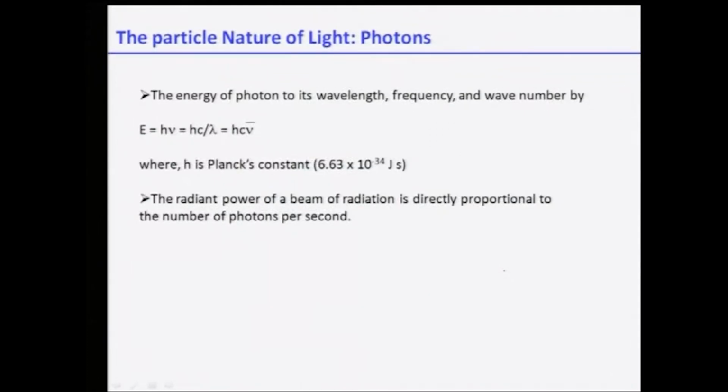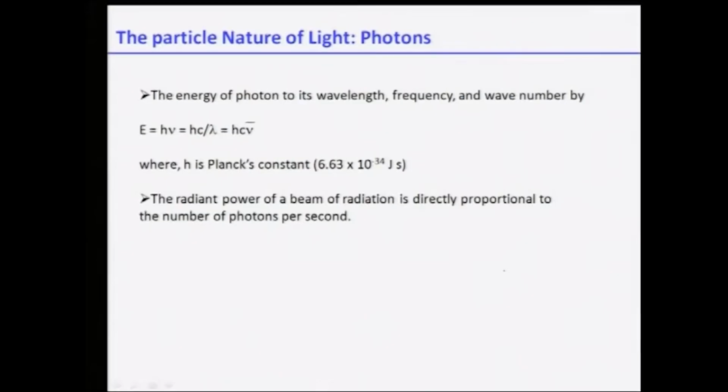And if we want to talk about the particle nature, as I discussed, they are photons, so the energy of any kind of radiation can be represented by Planck's law, that is E equal to h nu, which is nothing but hc by lambda, where c is the velocity of light or radiation. This can again be represented as hc nu bar.